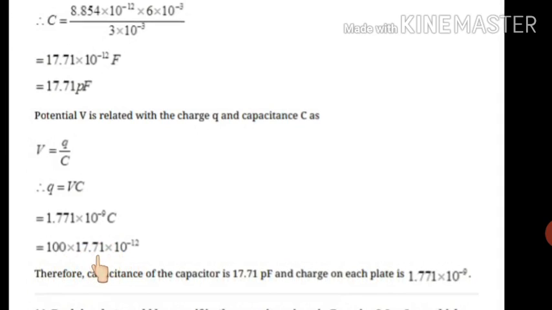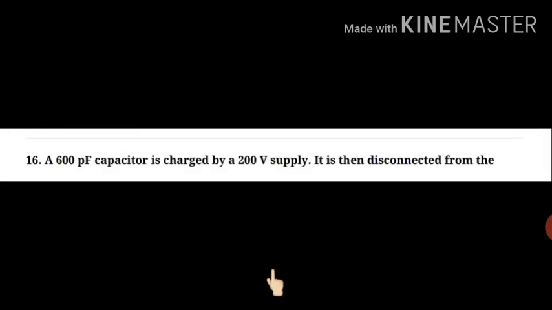So 100 into 17.71 into 10 to the power minus 12. So when we will solve it, the charge value will be equal to this, 1.771 into 10 to the power minus 9 coulomb.